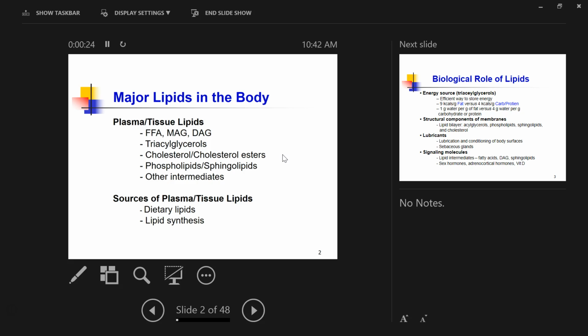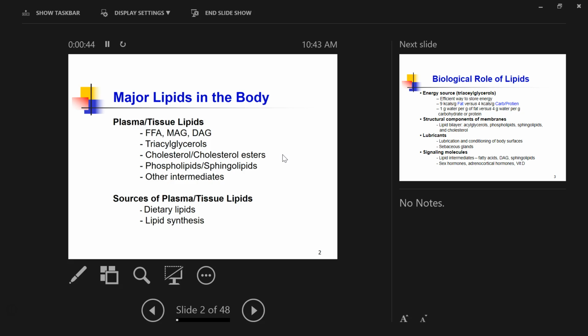So now, major lipids in the body, I guess you guys all know, right? What kind of lipids our body has. First, the lipids present in the whole body, in the plasma circulation, and also in the tissue cells, right?